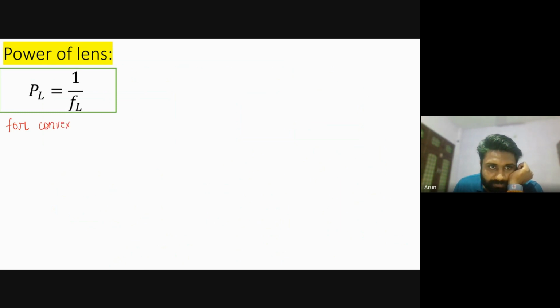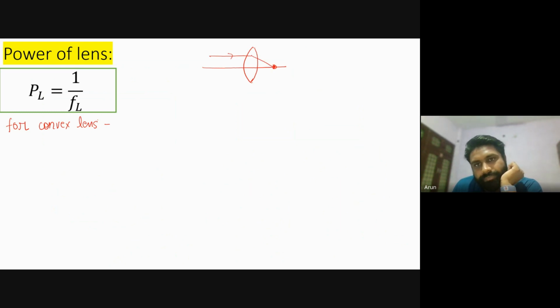For the convex lens, if this is the convex lens we have, it converges the ray here. So this is the principal focus of it.